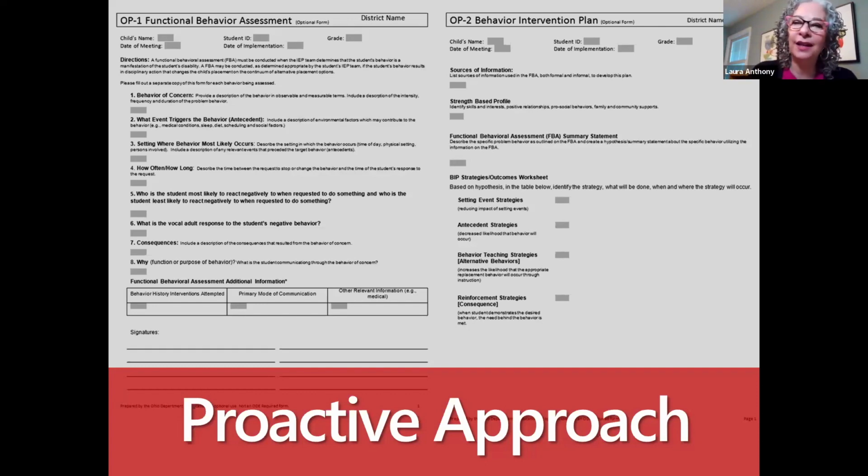But just solely on did we follow our own procedure, the court was really hammering the district on that because they wanted to see that the proactive supports are in place and that the process is followed. So both from a substantive and a procedural standpoint, know that those can be exposures for you, and that when the human beings on the bench see the sympathetic student, that doesn't always go well. Anything else to add on that?